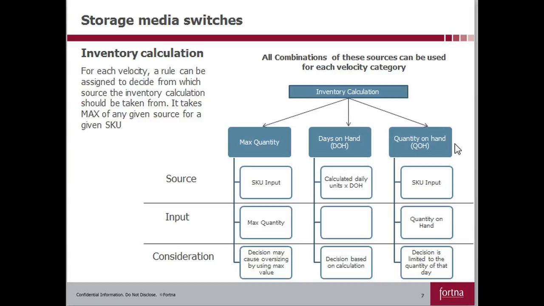And then the quantity on hand: the source is the SKU input, the input will be the quantity on hand, and the decision here is based on the day you were taking that data from. So basically it's like taking a picture of one day in the DC, and based on that information you base the decision.